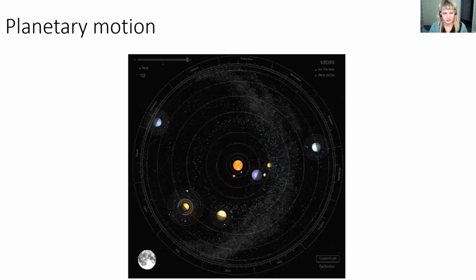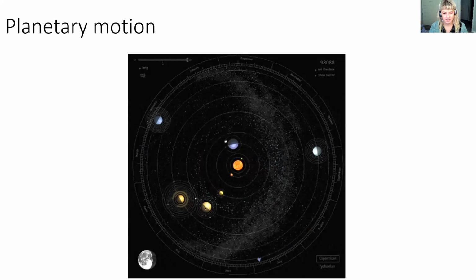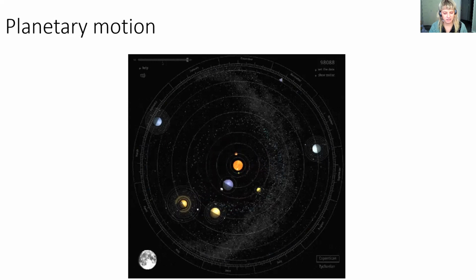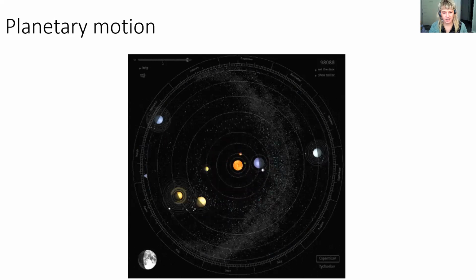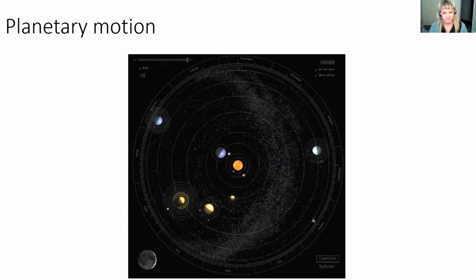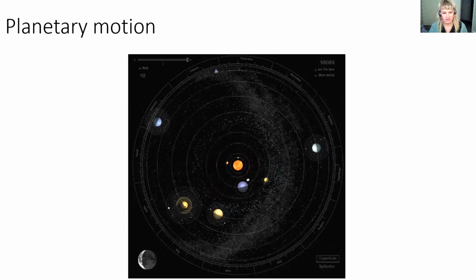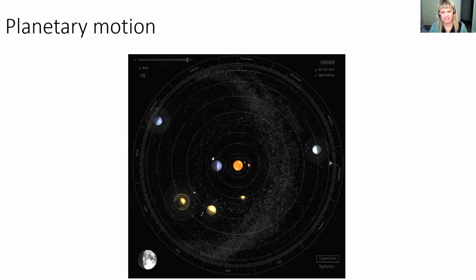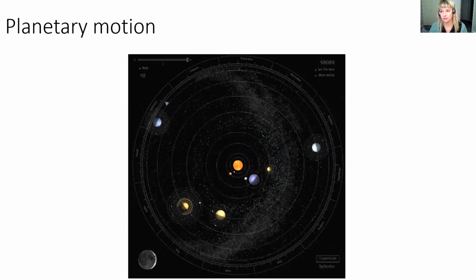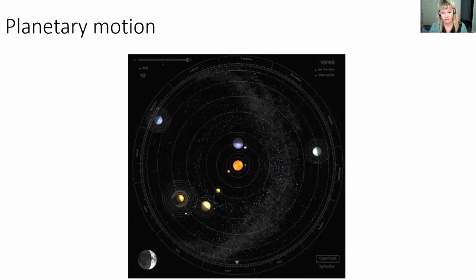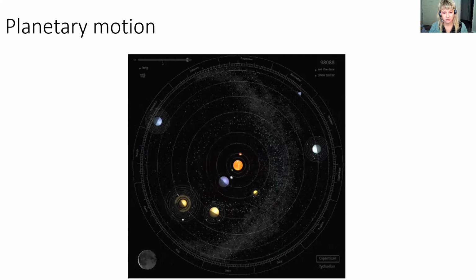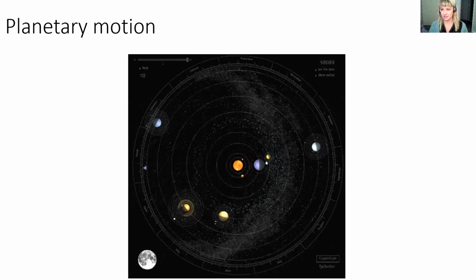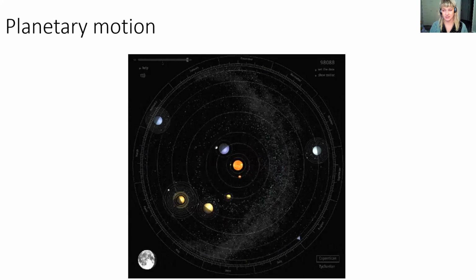I think Saturn, here's Saturn, I'm probably stating the wrong fact right here, but I believe Saturn takes 88 Earth years to go around the sun. The time it takes to go around the sun increases as you get further away from the sun.